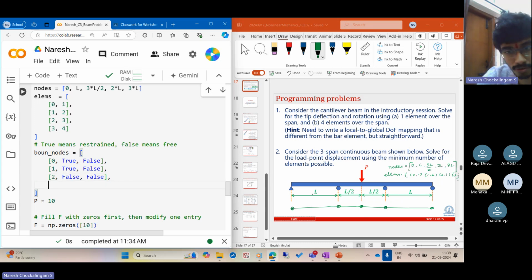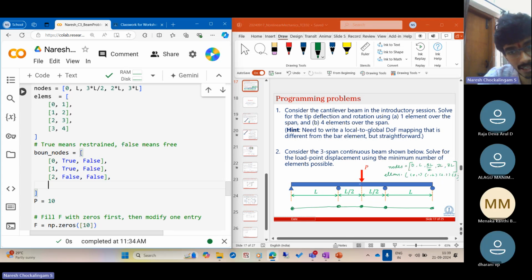So look at it. In node 1, we have displacement restrained, rotation free. Node 2, displacement 0, rotation can be non-zero. In node 3, displacement is not 0, and rotation can also be non-zero. Although when you solve this problem, due to symmetry, rotation will turn out to be 0. But that is after solving. Before solving, if there's a moment here in addition to the load, or I have load somewhere else, you don't know the rotation here.